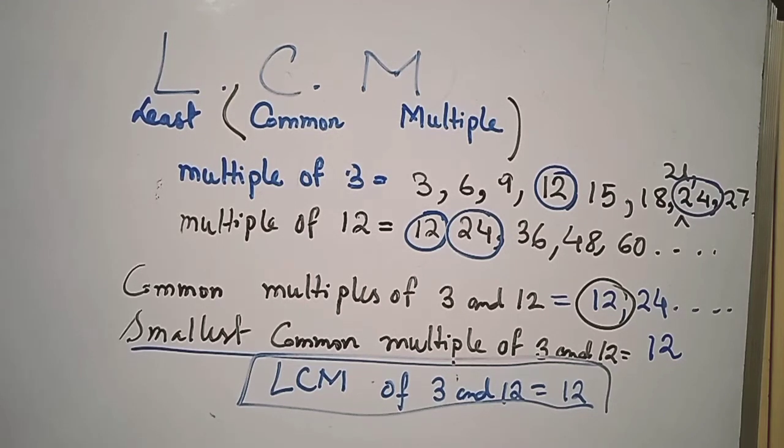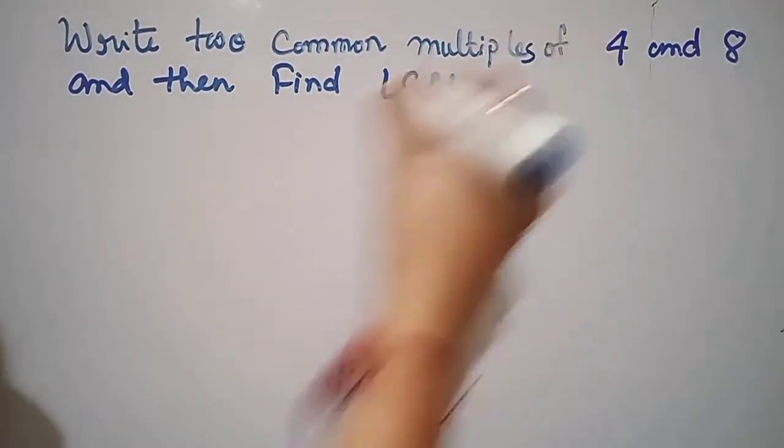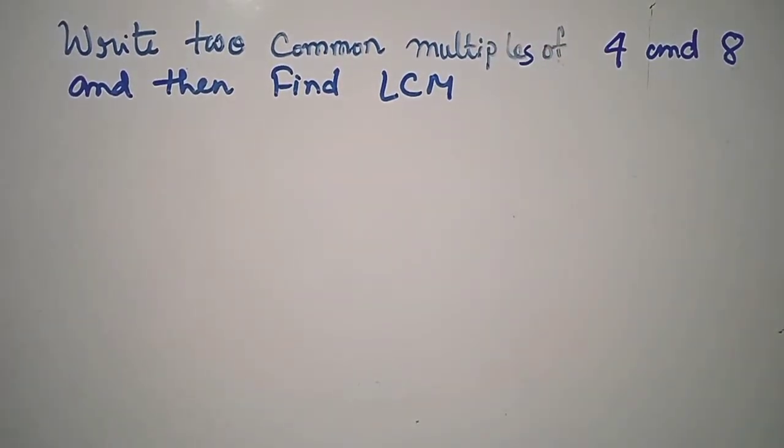Taking another example, the question is: write two common multiples of 4 and 8 and then find LCM. So in this process we are finding the LCM using multiples.